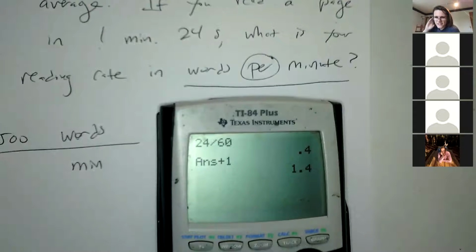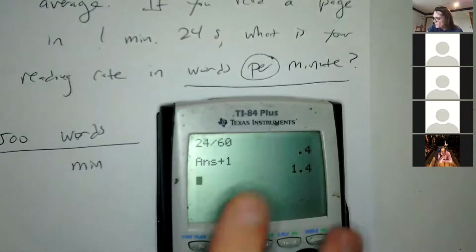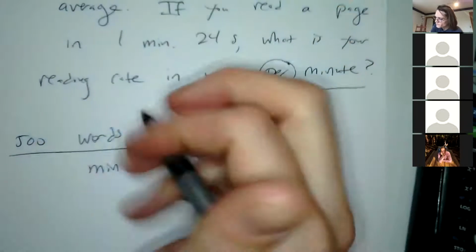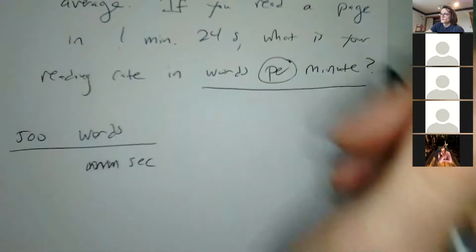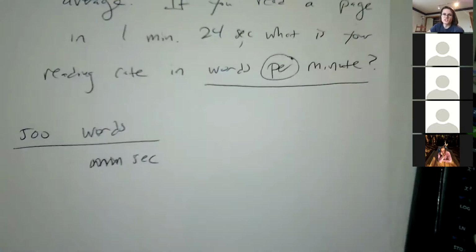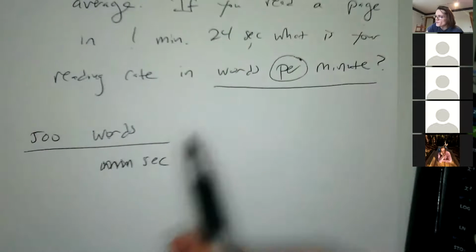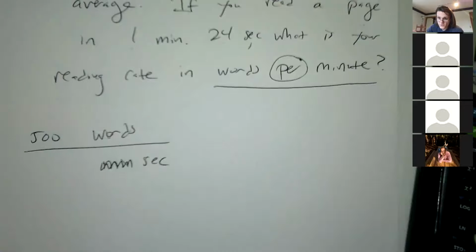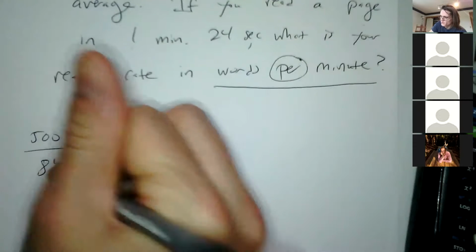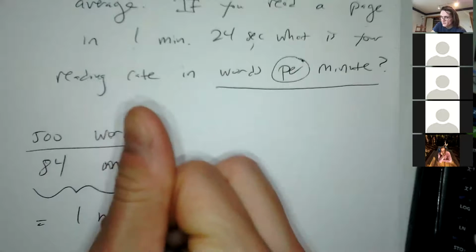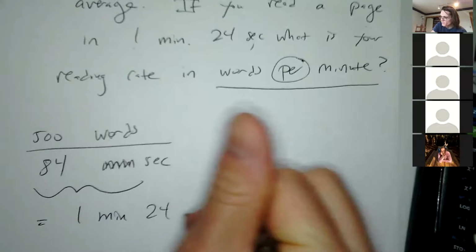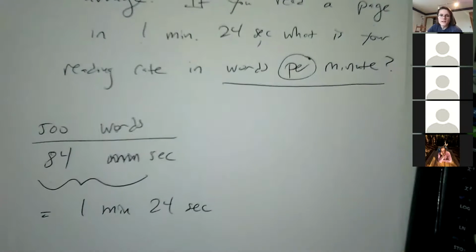I think I'm going to do it the second way, just because it seems cooler. So I'm going to go to seconds here. Put seconds here too. I keep changing my abbreviations. And so 1 minute and 24 seconds is just 84 seconds. Now we're in words per second, and now I can just convert to minutes.